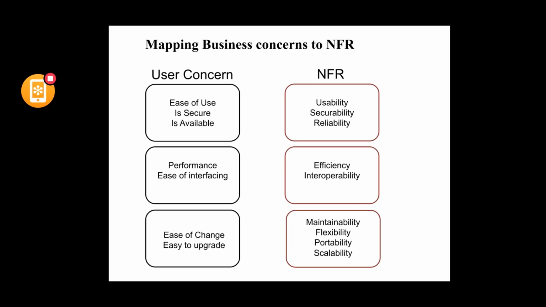Ease of interfacing talks about interoperability. Ease of change: maintainability, flexibility, portability. Easy to upgrade talks about the scalability of the application. So when we translate the user concerns, you arrive at the definition of the non-functional requirements. On the right hand side, whatever you have are the non-functional requirements for the system.